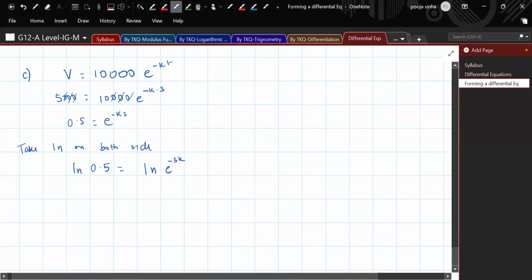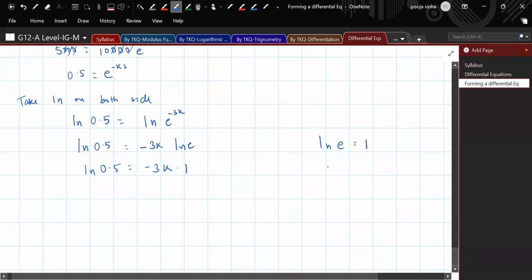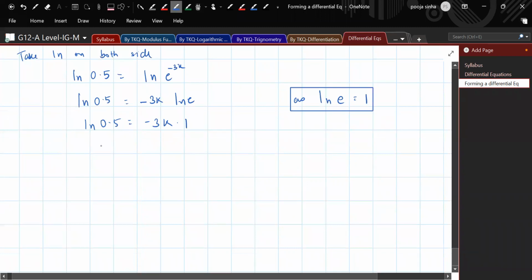So log to the base e of e would become how much? 1. So this becomes ln 0.5 equals minus 3k ln of e. So ln 0.5 is equal to minus 3k into 1, since ln e is equal to 1. Okay? So from here, ln 0.5 upon minus 3 is equal to k.